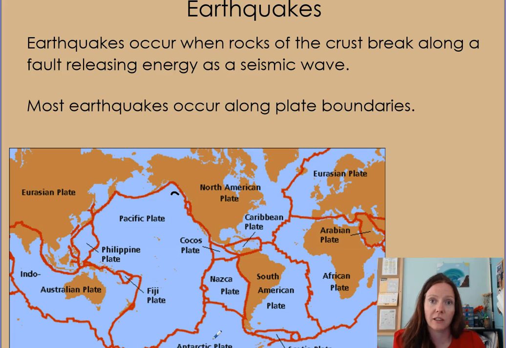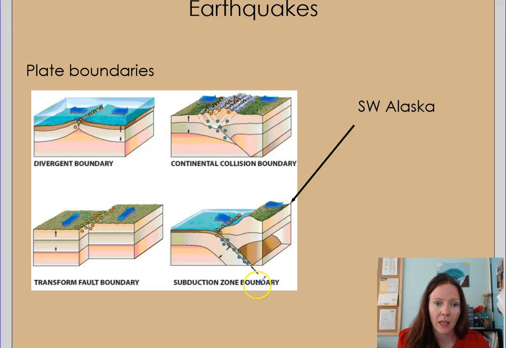So we're just going to look at a little bit more detail at what an earthquake is and what seismic waves are. So earthquakes, like I said, generally occur along the boundaries of the plates. And those plates come in a couple different types of forms. As we mentioned, our plates activity here is due to a subduction zone. So here, this could be the Pacific plate subducting under the North American plate.